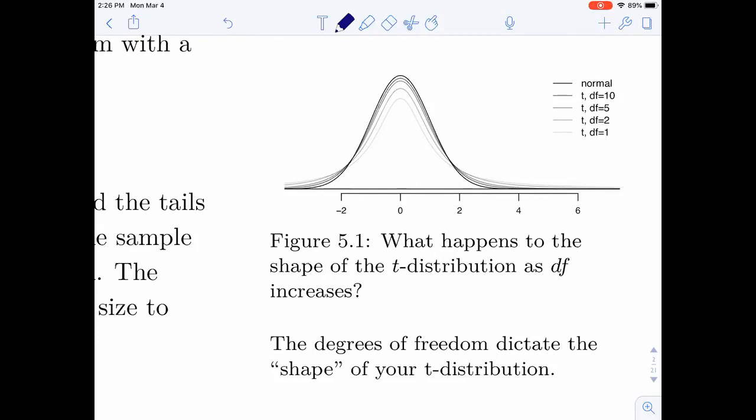And if you have a look at your formula sheet, you'll see that I give you the degrees of freedom for each of the T's that we'll calculate, right? So the degrees of freedom for one sample is just your sample size minus 1. And that's how it knows how many degrees of freedom I have, and that's essentially telling it what your sample size is.